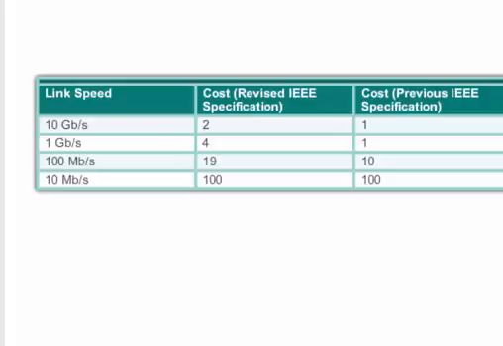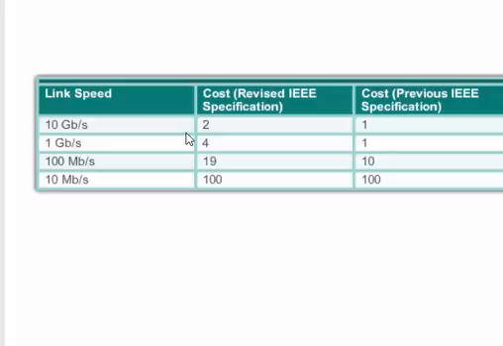The sum of the port cost values determines the overall path cost to the root bridge. If there is more than one path to choose from, the spanning tree algorithm chooses the path with the lowest path cost.